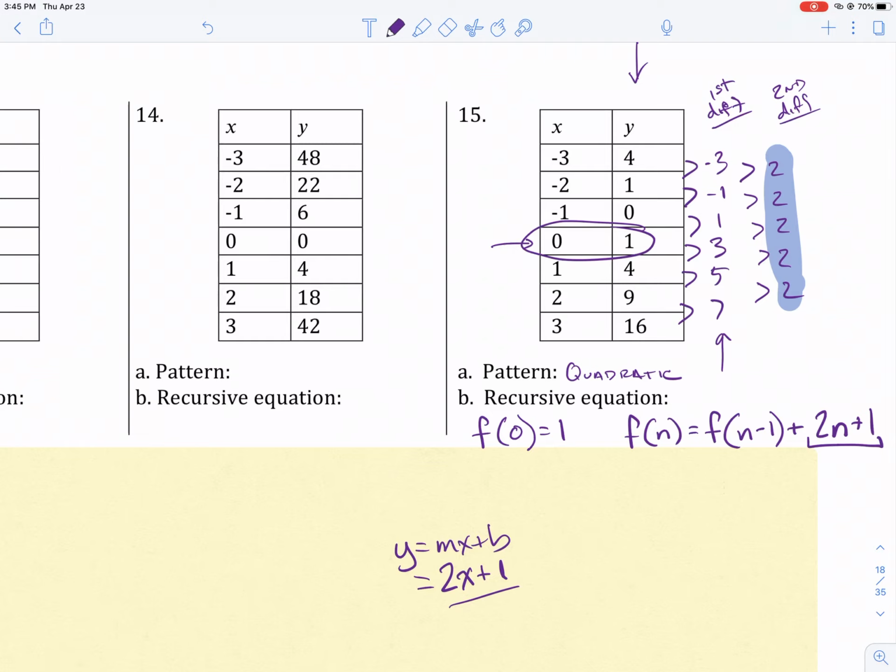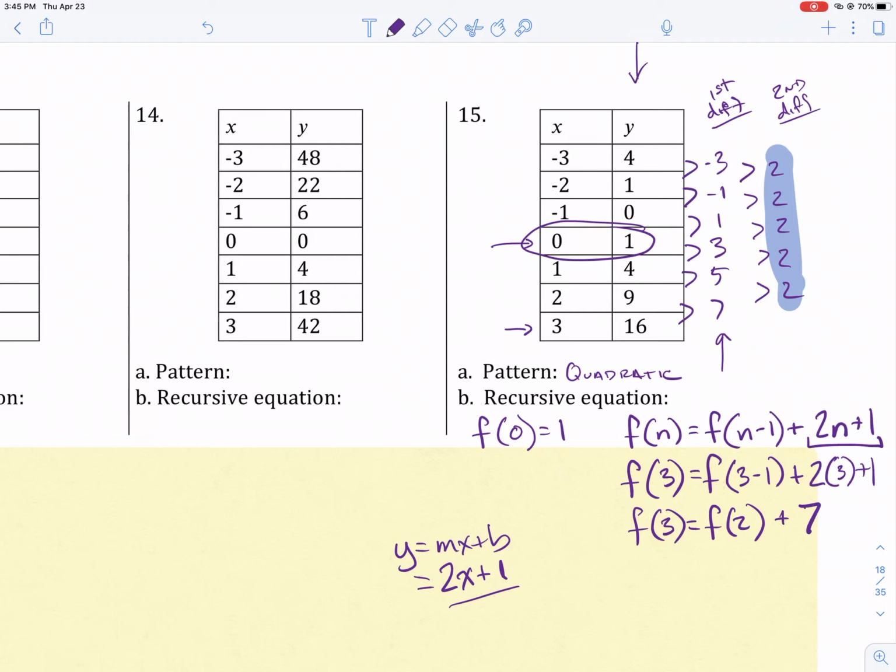So let's just check this out. If we want to know the value when the input is 3, we're going to take a look at the previous number, which is 3 minus 1, and then we're going to add 2 times 3 plus 1. So let's look at this. To find f of 3, we're going to look at f of 2, which is the previous one, and then we're going to add 6 plus 1, which is 7.